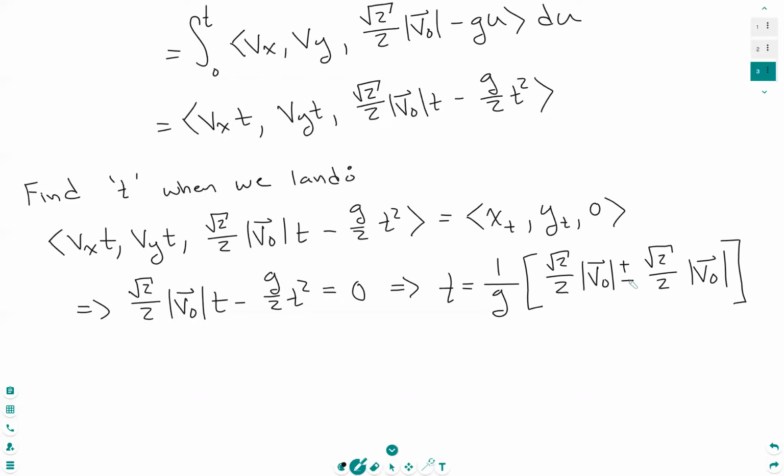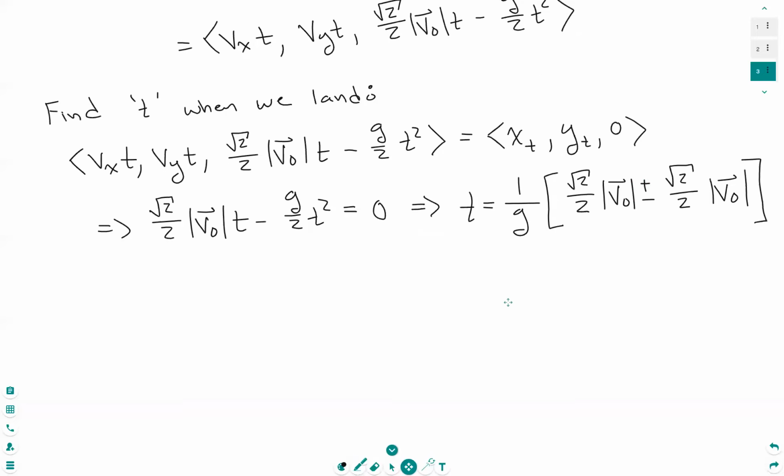If we choose the negative here, we obviously get 0, which is when we shoot out of the cannon. So when it lands, it must be the positive. The t when we land is the square root of 2 times the magnitude of v naught over g.